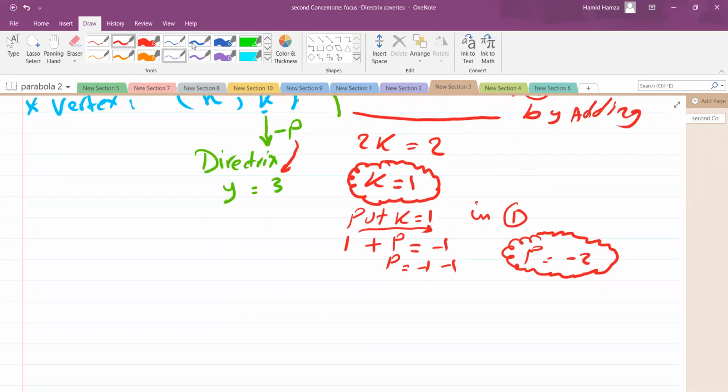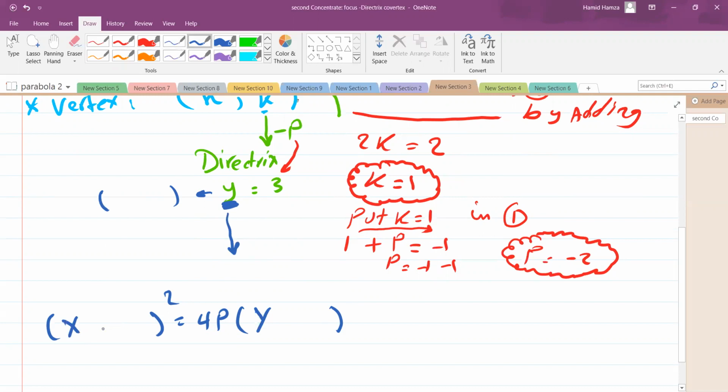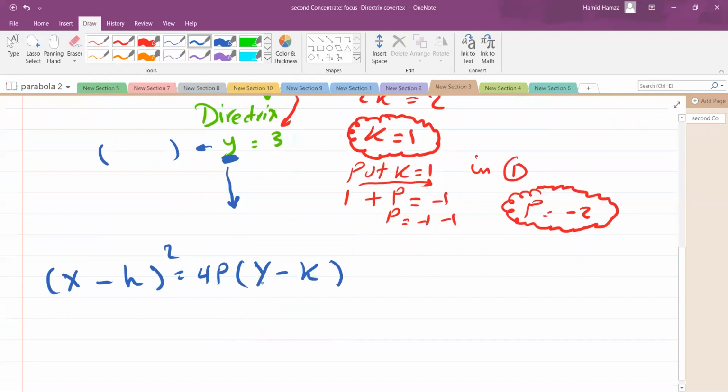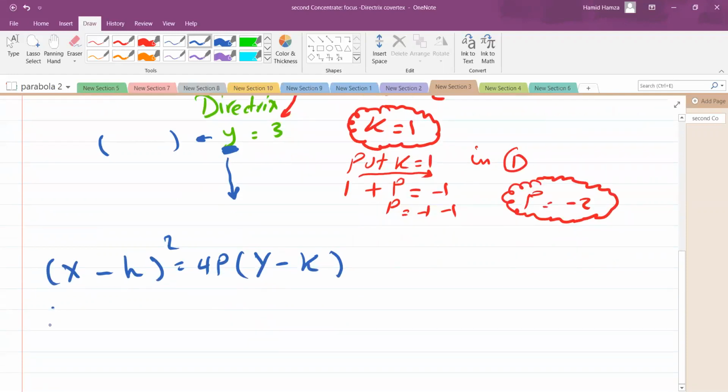Now let's write the equation. The equation will be like this: bracket with power 2 equals 4B, bracket without power. What should I write here, X or Y? The directrix tells you. The letter with the directrix is Y. So write Y in the bracket without power. Here is Y, here is X. This is minus H and this is minus K. Let's substitute the values.